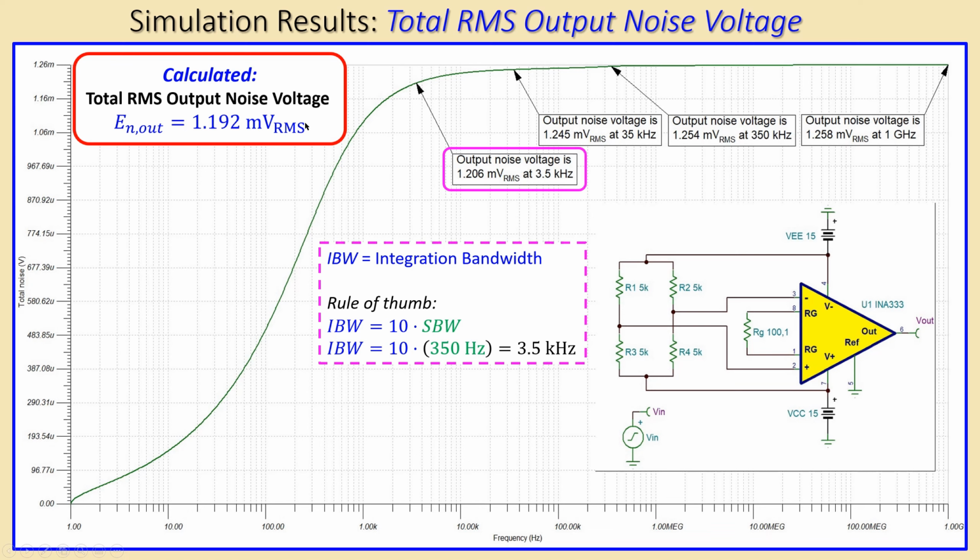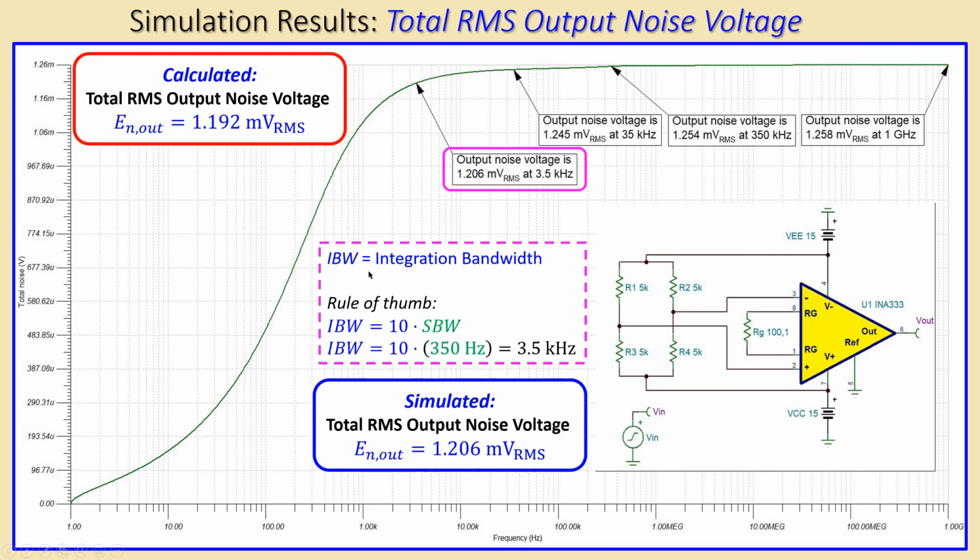And this value is much closer to the calculated value, and it's approximately 1.5 or maybe 2% error. Again, very small if you just look at the integration bandwidth. So in summary, if it is simulated and you look only at the integration bandwidth, you will have 1.206 millivolts RMS, which is very close to what we have calculated. So this is a nice result from the calculation, also from the simulations.